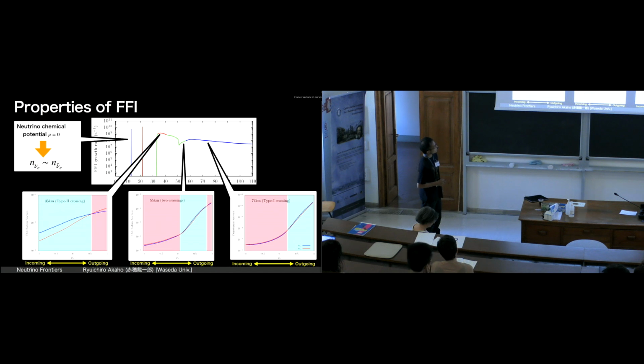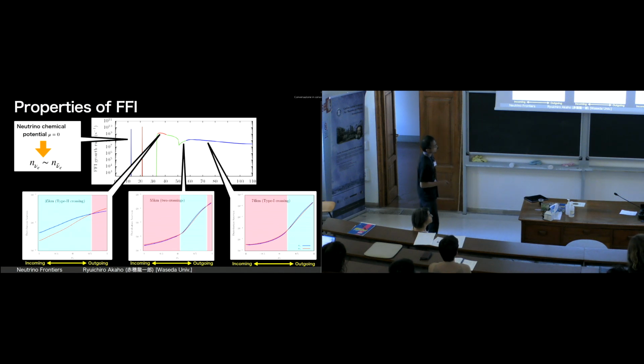So for example, this blue line shows the so-called type 1 crossing, where for the outgoing direction, the electron type neutrino is dominant. And for the ingoing direction, the anti-electron type neutrino is dominant.